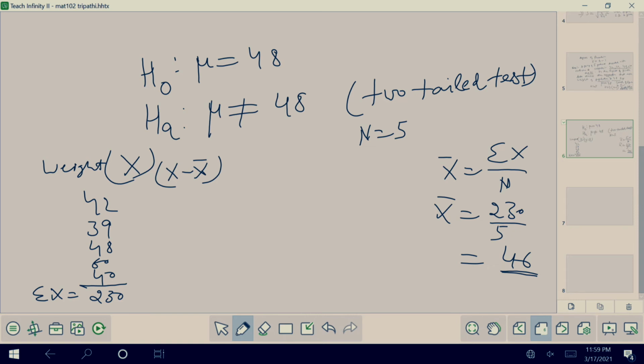So, 42 minus 46, the value is minus 4, right. 39 minus 46, the value is minus 7. 48 minus 46, 2. 60 minus 46, that is 14, and 41 minus 46, sorry.